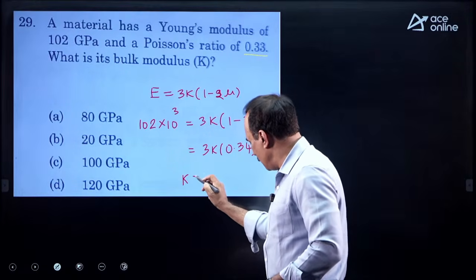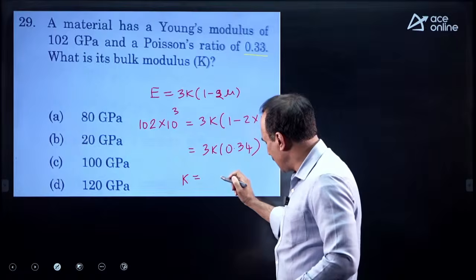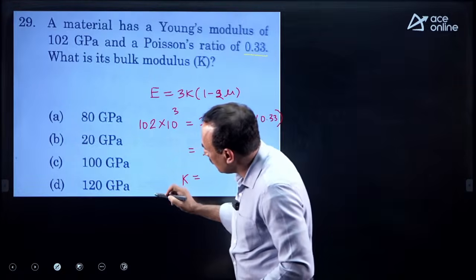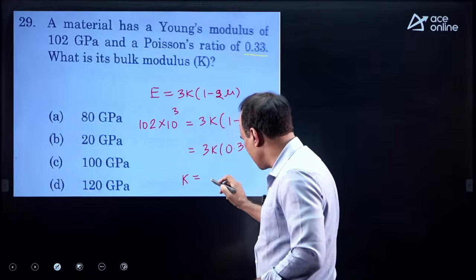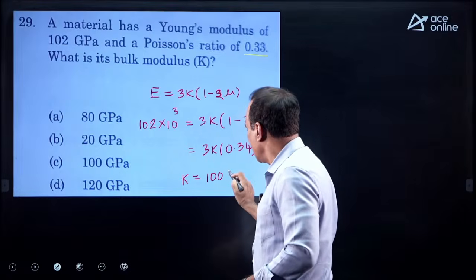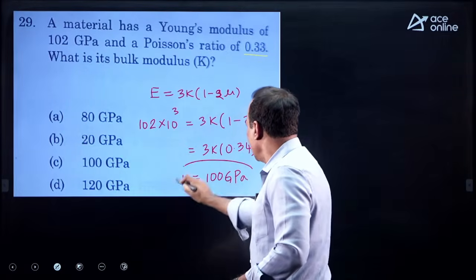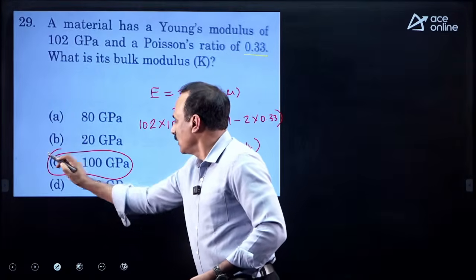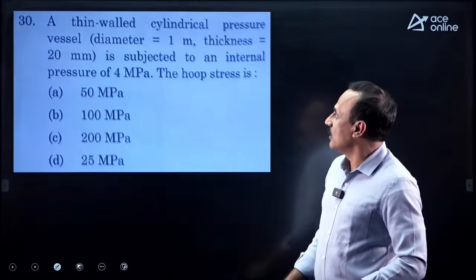So, K value will be 100 gigapascal. So, answer is option C. Slight simplification is required in this area.